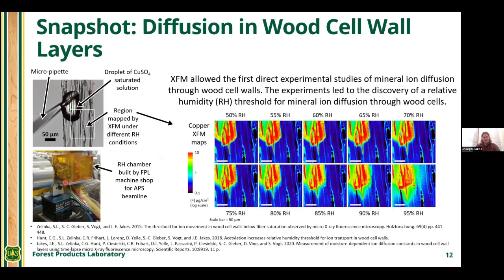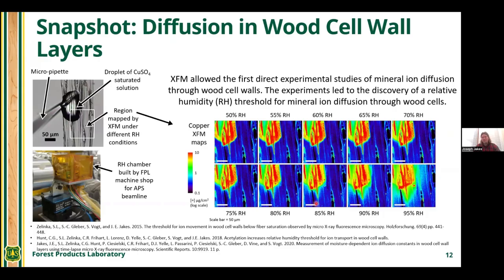Then we built a humidity chamber that fit into the beamline. So this is the detector here, and the beam is coming in from behind here, and we're able to map this implanted copper in the section. And you see that under low humidities we saw no diffusion, but then at high humidities we're able to see obvious diffusion of the copper through the cell walls.